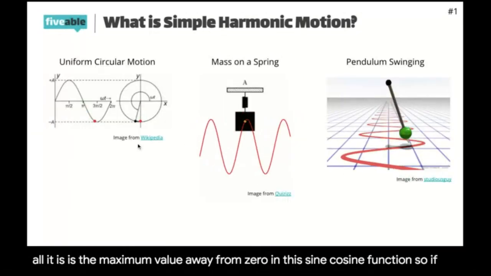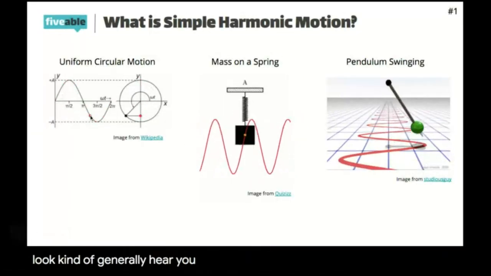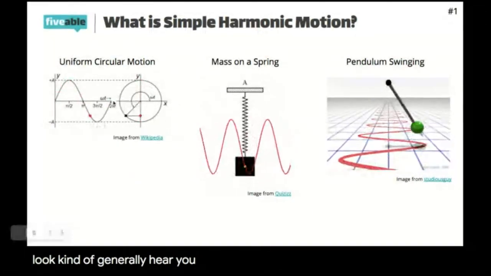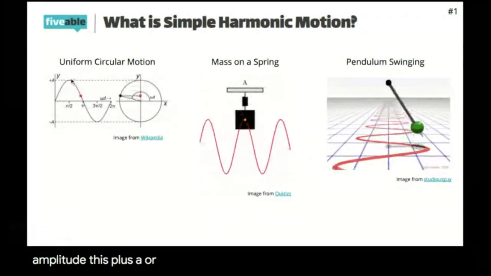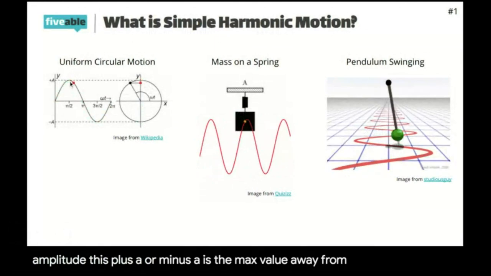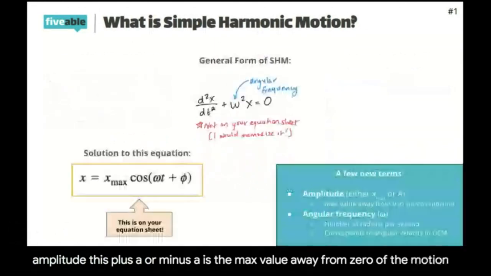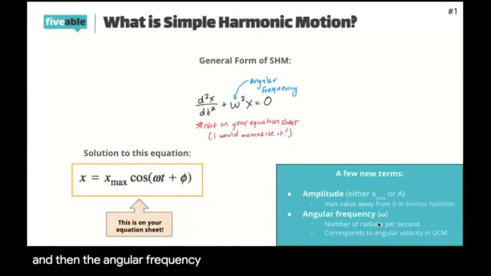If we look generally here, you can see that the motion goes up and down, and it will vary, but the amplitude, this plus A or minus A, is the max value away from 0 of the motion.